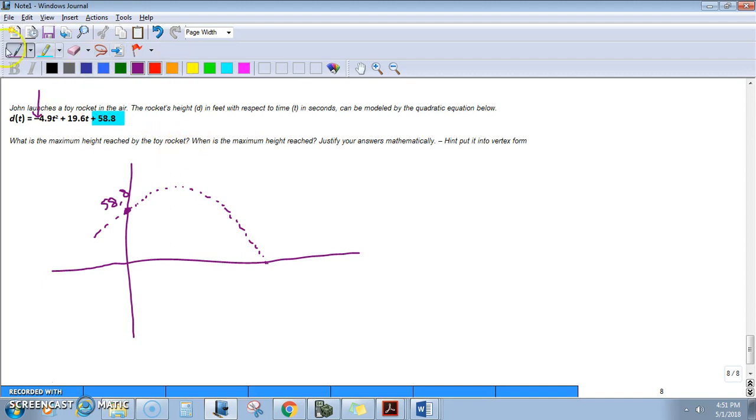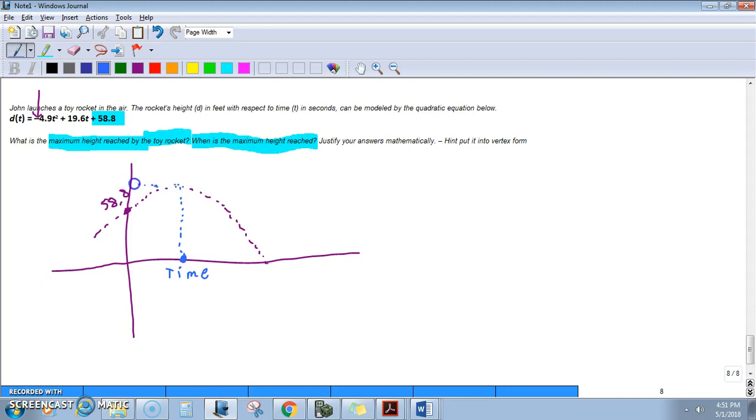So we have a couple of things we're looking for. What is the maximum height reached by the toy rocket? And when is the maximum height reached? So all I'm actually looking for is the vertex, because this will be my time, how many seconds it is. My x value will be how long it takes to reach that maximum height.